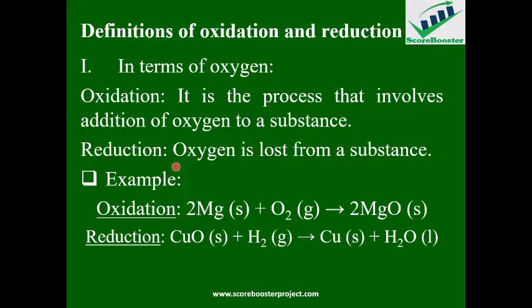As I said earlier, we have this displacement reaction, but strictly speaking, it's a reduction because hydrogen is reducing copper oxide to ordinary copper. So there's loss of oxygen from copper oxide to ordinary copper. That is what is called reduction in terms of oxygen.